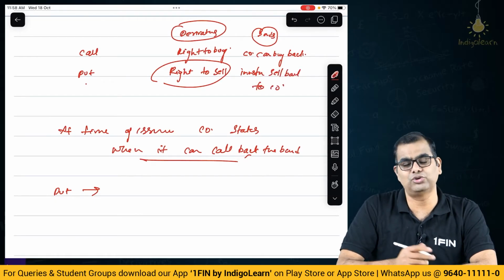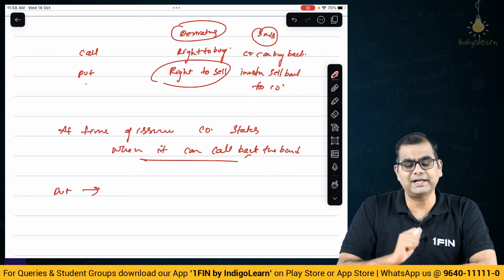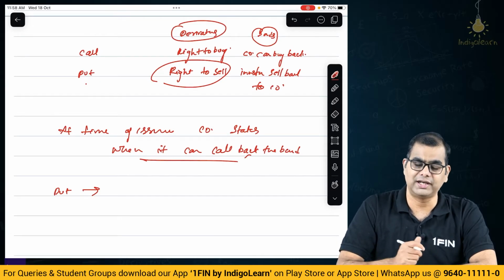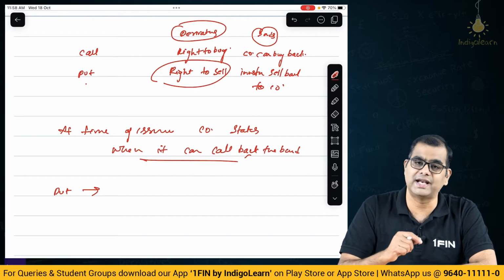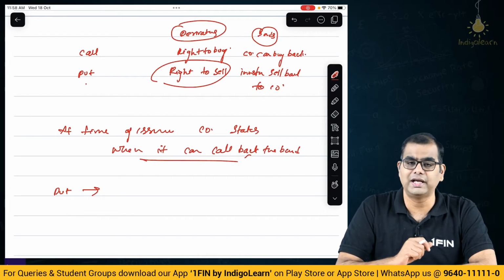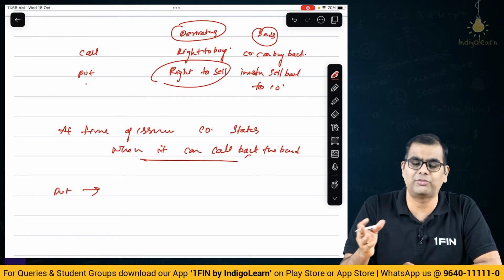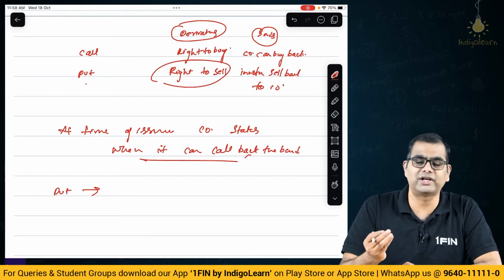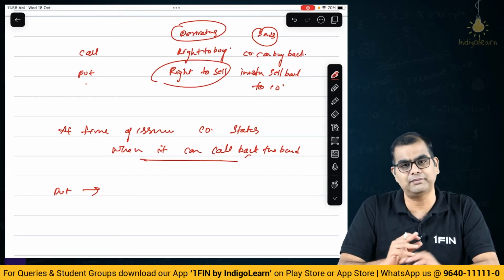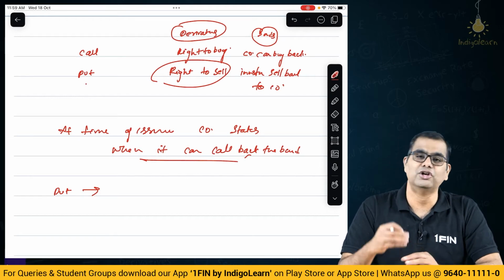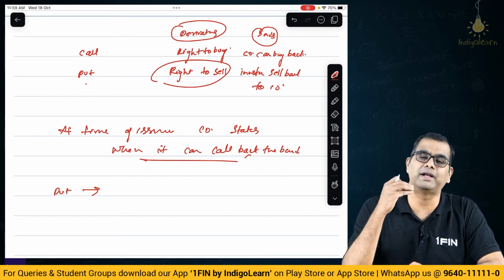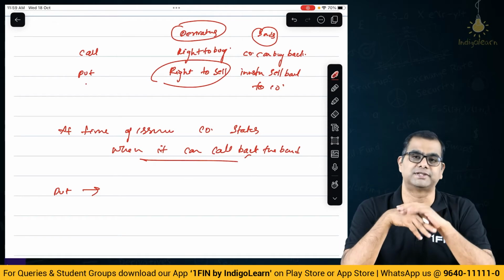So, when will an investor do that? Exactly the opposite. When market interest rates are much higher and this person has lent money at a much lower rate, this person will say, boss, enough, you take back your bond, give me back my money, because you are paying me interest of only 5%, the market interest rate is 11%, so you take back the bond, give me my money, I will lend it to somebody at 11%.